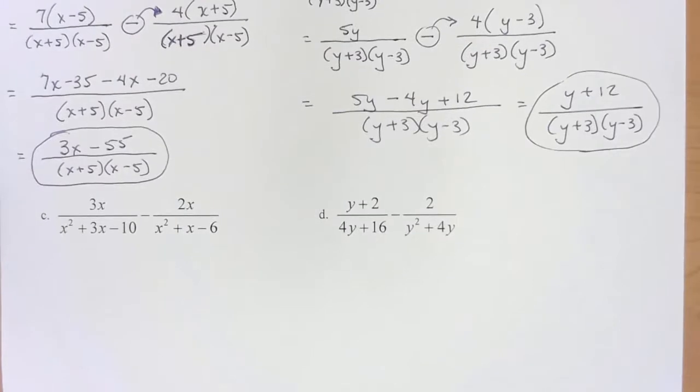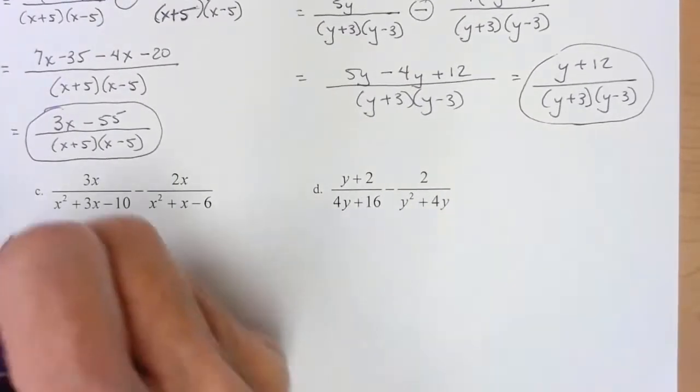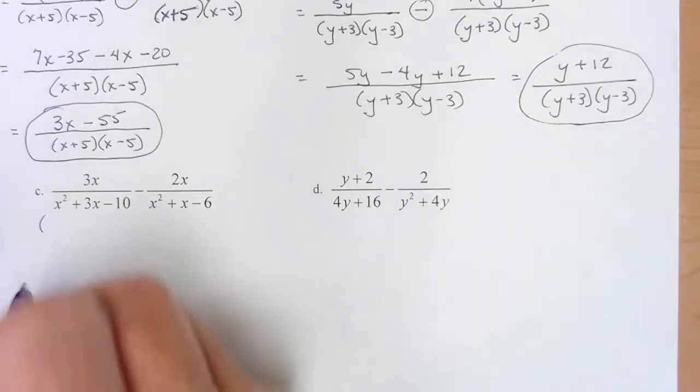I've got some factoring I have to do. So I need you to pause me, go ahead and factor your denominators, and then unpause me and come back and see if you have the same factors that I do.